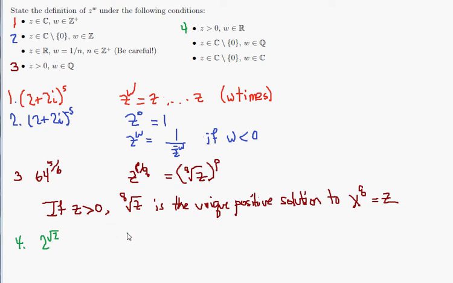The way that this gets defined, if I have z to the w power, is as e to the w times the natural log of z, where the exponential function is defined to be the inverse of the log function, and the log function was defined to be the integral of 1 over x. So remarkably, this definition is equivalent to definition number 3. So number 3 and number 4, the one in brown and the one in green, look nothing like each other, but they actually do coincide.